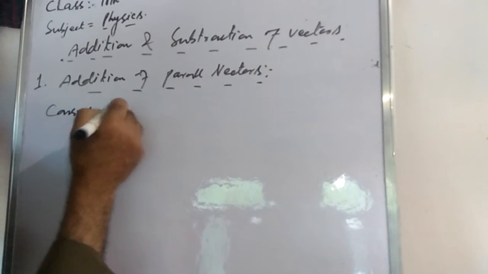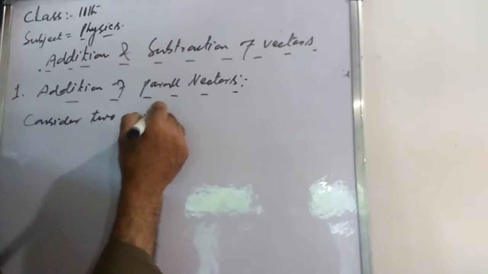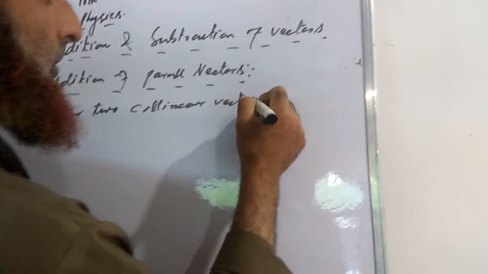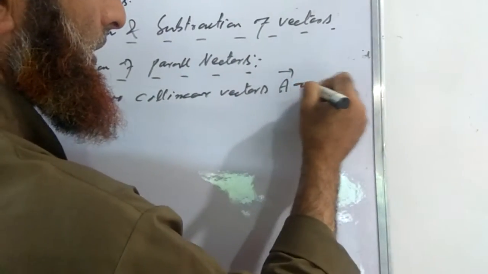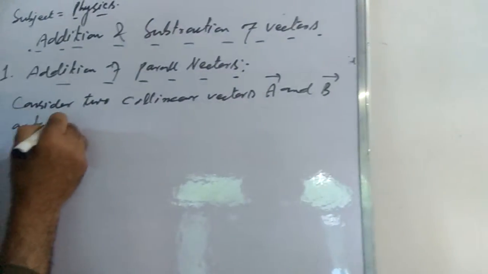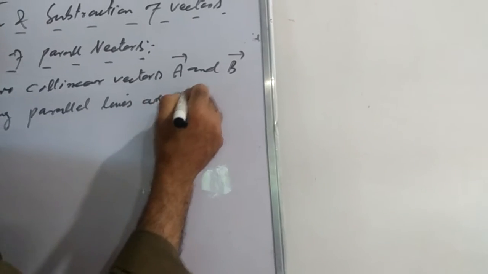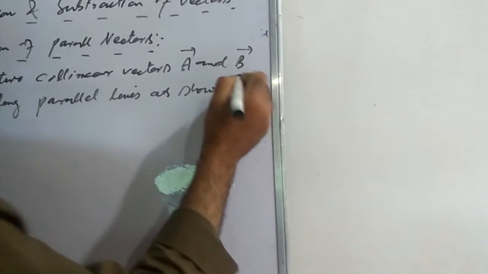Let us consider two collinear vectors A and B, for example, acting along parallel lines as shown in figure first.